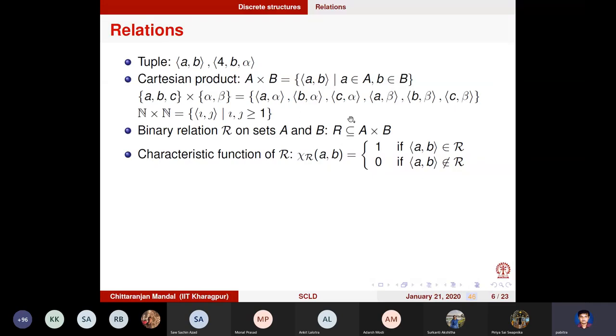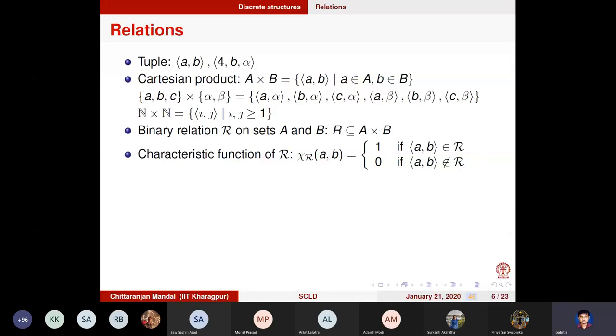It produces 1 if that particular tuple belongs to the relation R, the subset R, and 0 otherwise. So it's an indicator function or a characteristic function over the Cartesian product set. It basically denotes that you take a Cartesian product set, you pick an element, and it either satisfies the relation or doesn't.